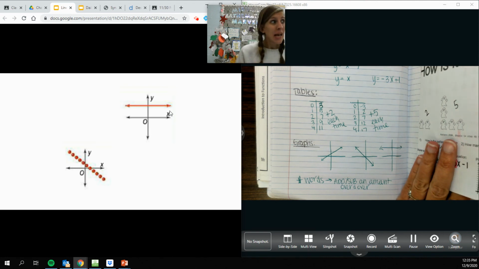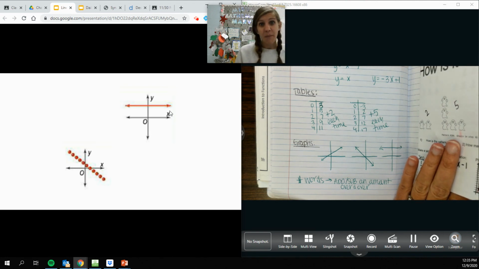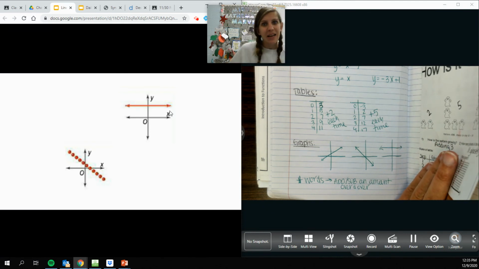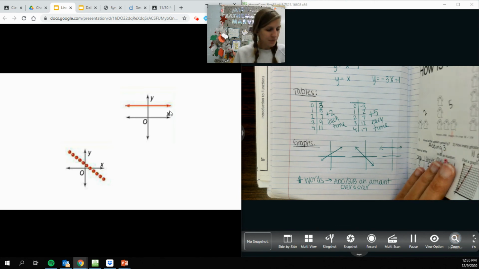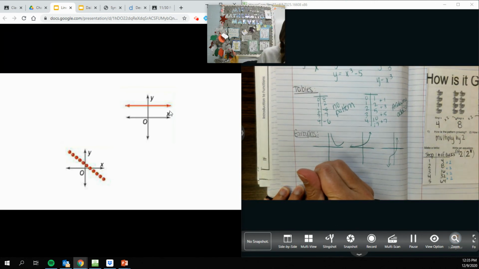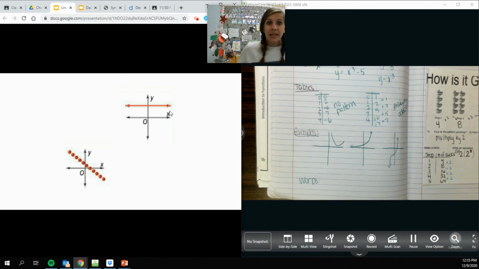Or if I have to pay somebody for something per hour, like if I'm going to get my lawn mowed, I have to do that sometimes. You lose money every hour that they're there because you're paying them. A nonlinear pattern in words will be something that is multiplied every time you do it, or maybe divided.